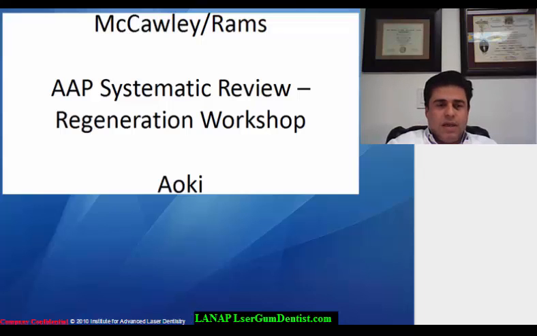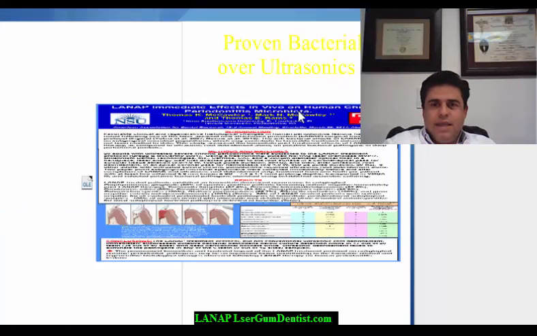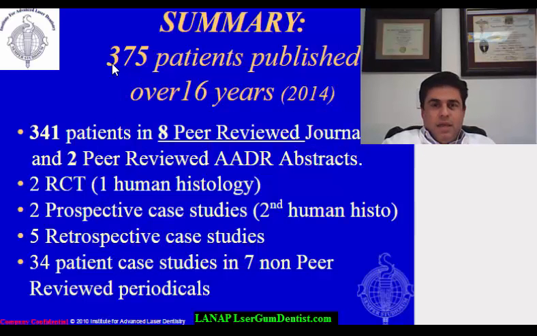So we'll talk about the first paper, the McCauley paper, which you could look up online. They took bacterial cultures pre-LANAP and then post-LANAP, and they found quite a bit of bug kill. But in summary, there are over 375 patients published over 16 years, updated to 2014.